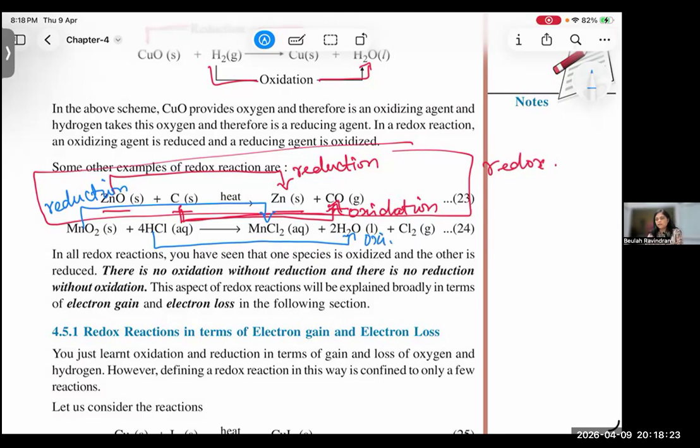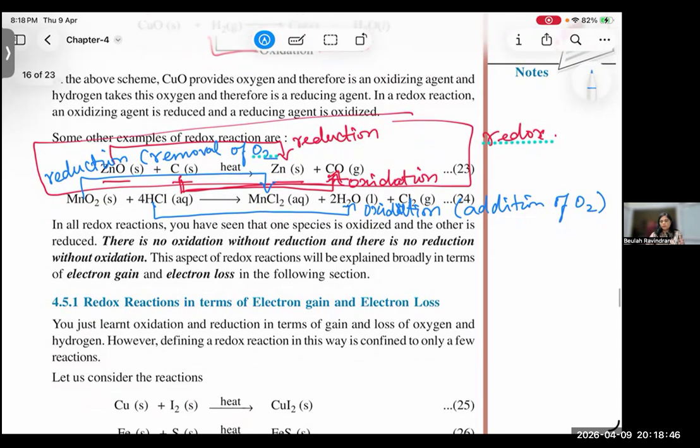So both are there, right? It's not removed, it's added. Addition of oxygen is here. Can you understand? Here, removal of oxygen. These are all examples of what? For redox reactions.